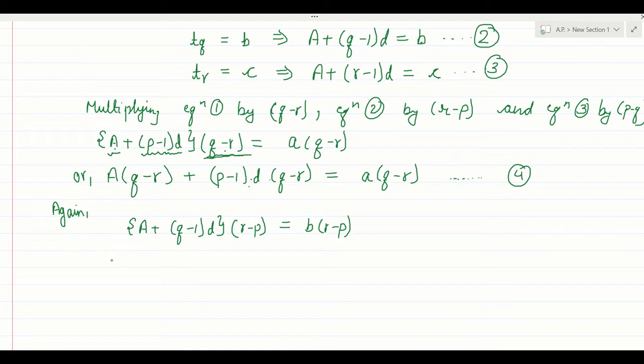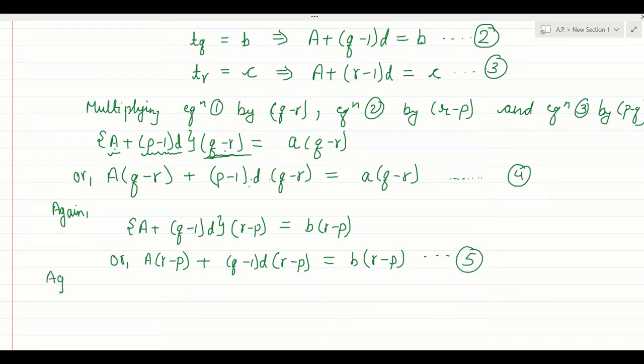Now let's open the bracket of the left hand side. It is A in bracket R minus P plus Q minus 1 D in bracket R minus P equal to B R minus P. This is equation 5.